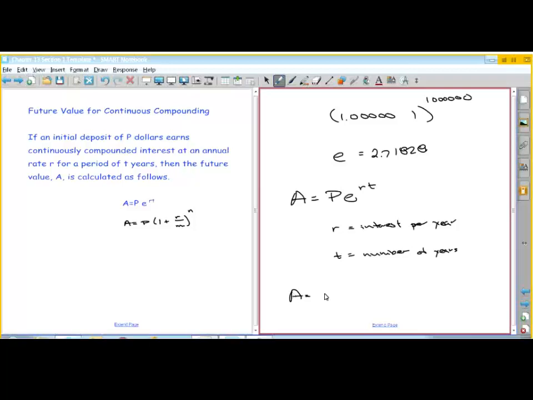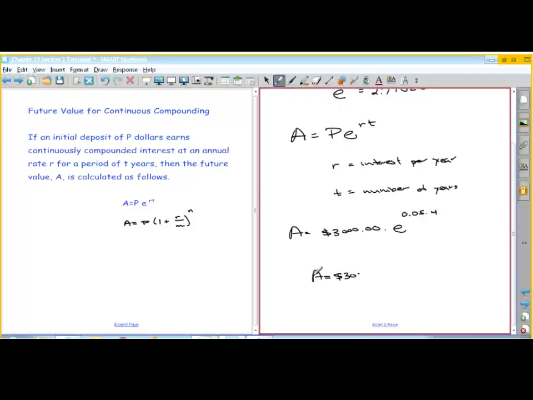So for our particular example, we had $3,000. We multiply that times e to the interest rate, which was 5%, and we had 4 years.